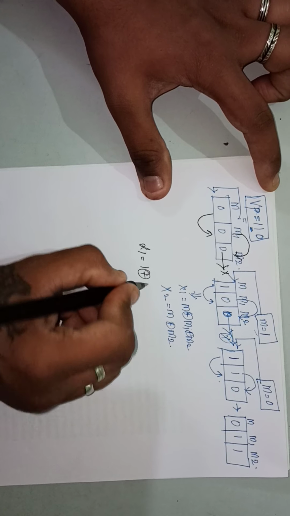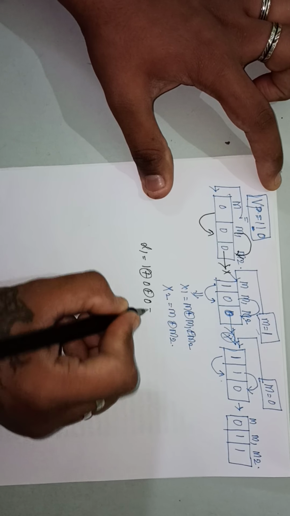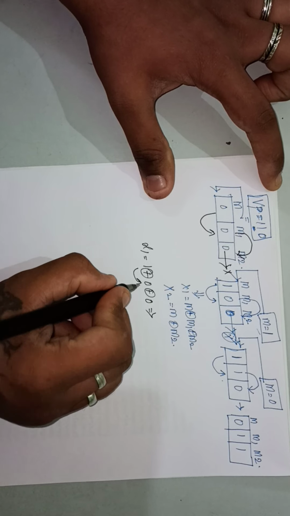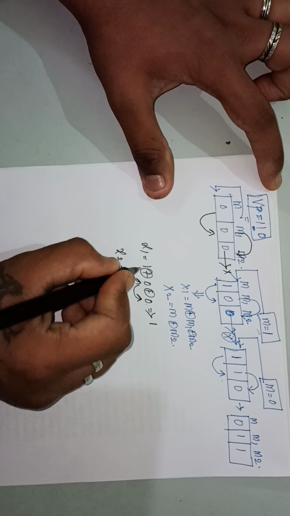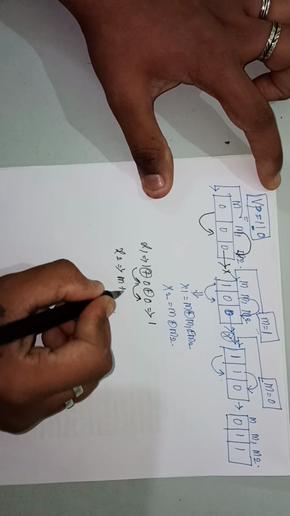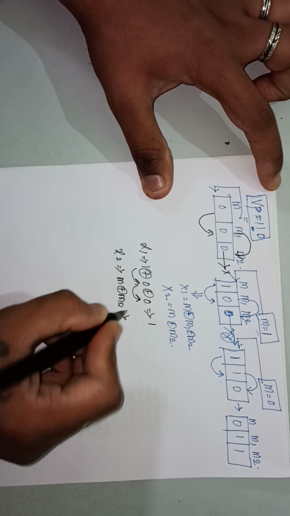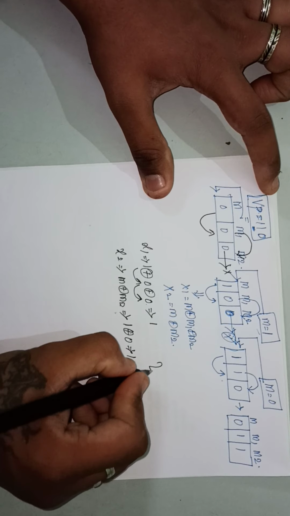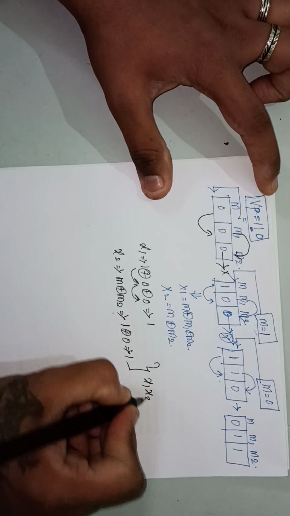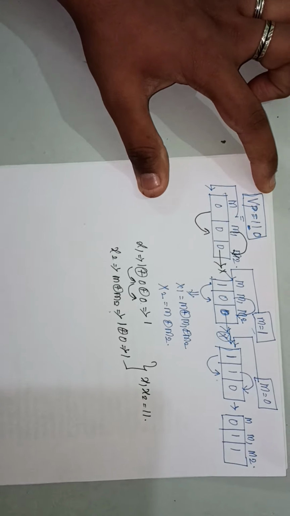It is 1 xor 0 xor 0. 1 xor 0 will be 1, again 1 xor 0 will be 1. What will be the x2 value? X2 is m xor m2. The m value is 1, and the m2 value is 0, so that is equal to 1. So x1 x2 is equal to 1 1.